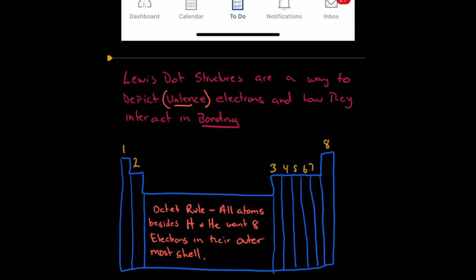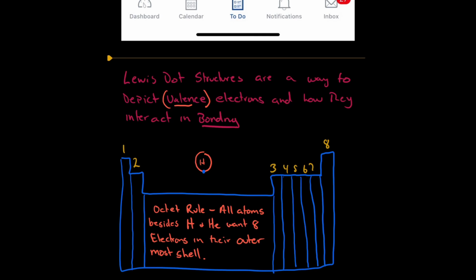Valence electrons, as you probably know, are the electrons in the outermost shell of an atom. So let's just take hydrogen. This is the nucleus of hydrogen, and it has one energy level. We know that based on the periodic table. We'll talk about that in a little while. Hydrogen has one energy level, and its valence electron is on the outermost shell, okay?